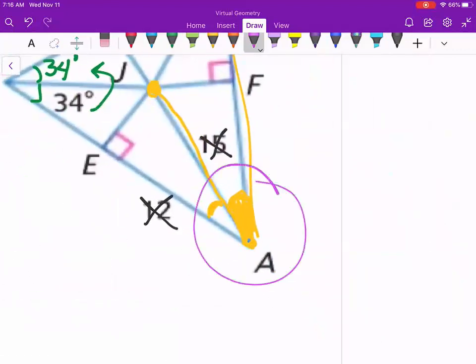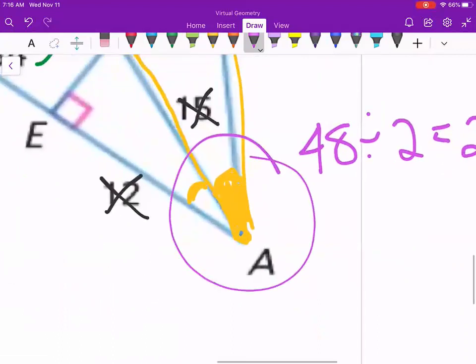So if this whole thing is 48, I need to divide it by 2 so I can see what's going on at each piece. So 48 divided by 2 gives me 24. So there's 24 degrees at each of these angles.